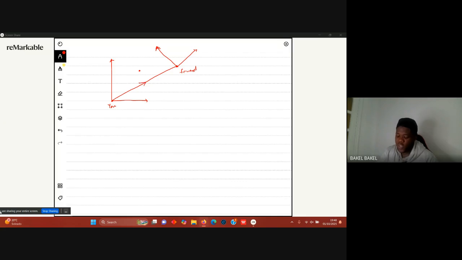There was movement in a straight line called translation, and then there was rotation in this direction. So if you were to get to your friend's position, you would have to translate, move forward, and then rotate.